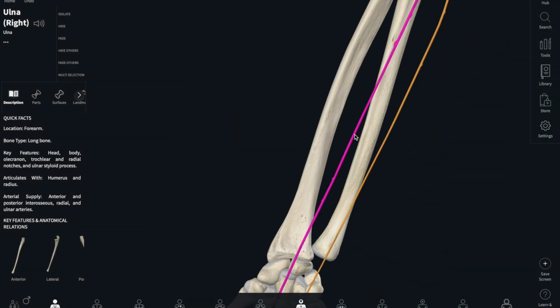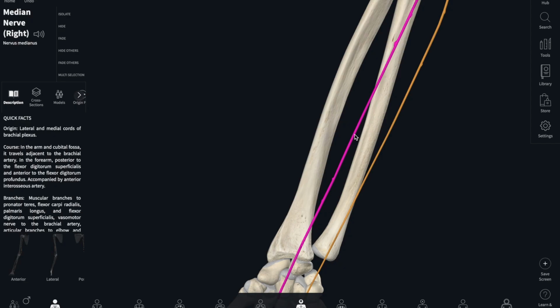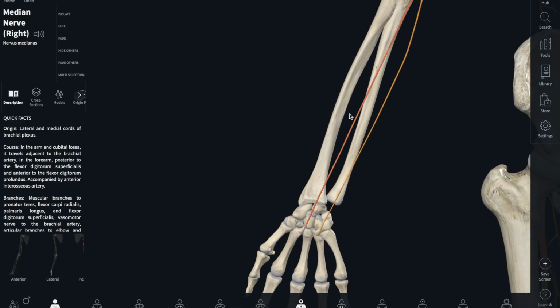Finally, looking at the nerves of the forearm and hand, here running down the midline of the anterior forearm is the median nerve. It travels between the two heads of the pronator teres and continues distally deep to the flexor digitorum superficialis. This is the primary motor supply to the anterior forearm flexors, except for the flexor carpi ulnaris and half of the flexor digitorum profundus.